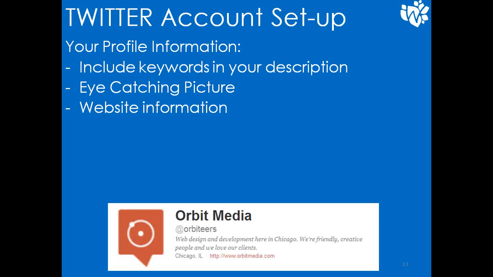There are multiple people that post on this account, but they're all under @Orbiteers, and they have their name, and then they have their username. Their username is not Orbit Media. When you go to tweet with them, it would be @Orbiteers. So it's something catchy. Maybe Orbit Media wasn't available, so they just went with what they could find or what worked best for them, and it's on brand still.